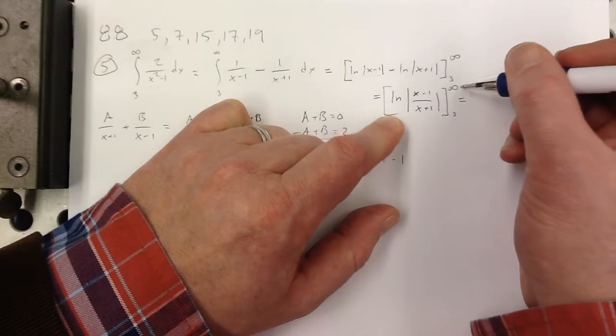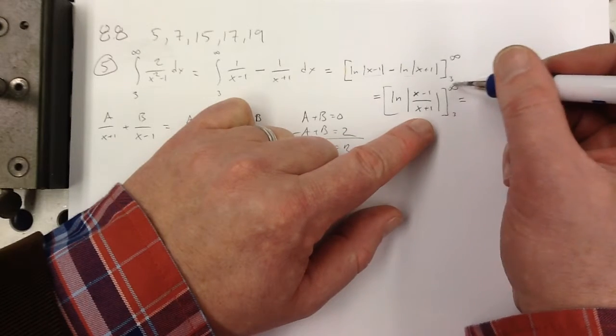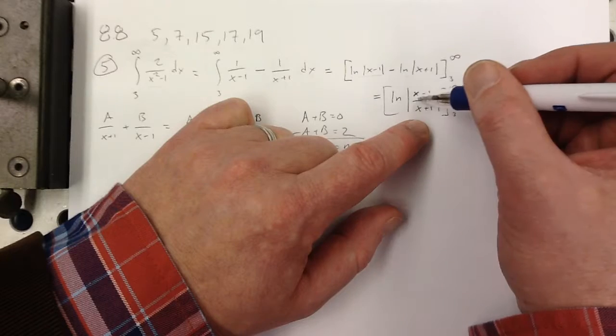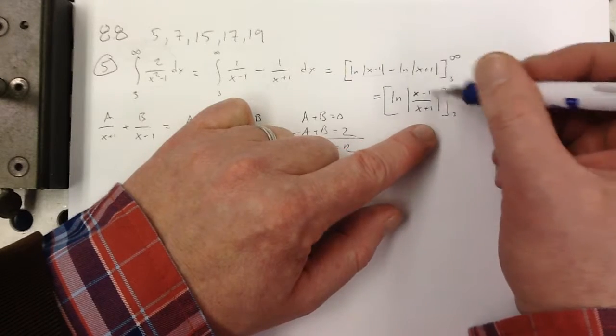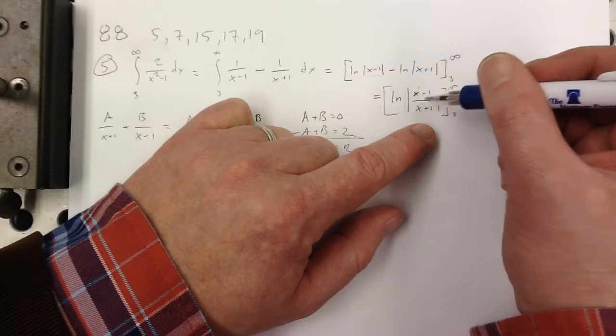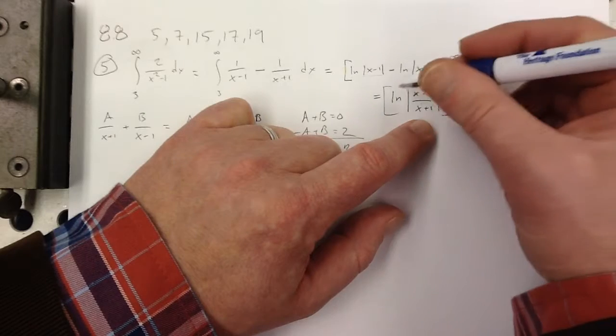If I plug in infinity, that really means finding the limit as x approaches infinity. The limit as x approaches infinity of x minus 1 over x plus 1 is equal to 1, right? Same power, top and bottom, so it's the coefficients. That's a very old chapter 2 limit for us.